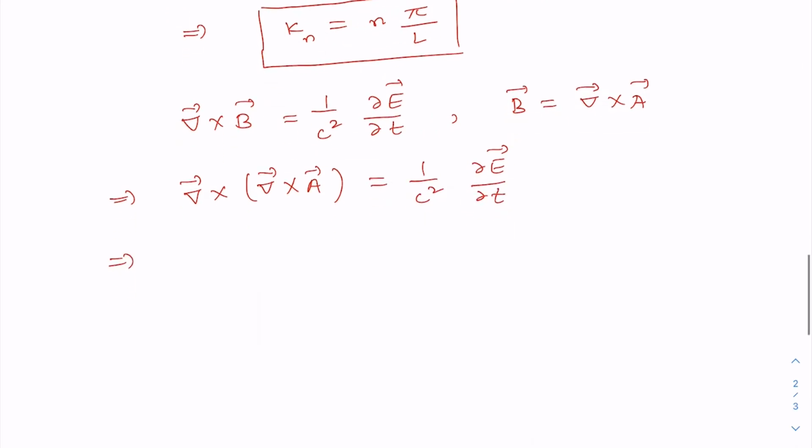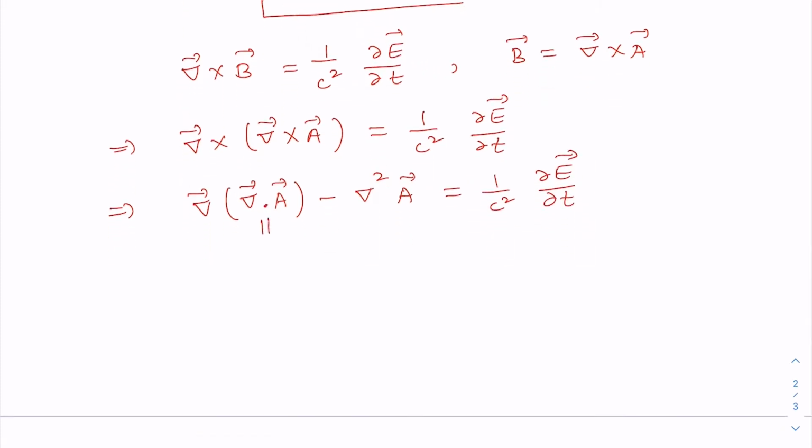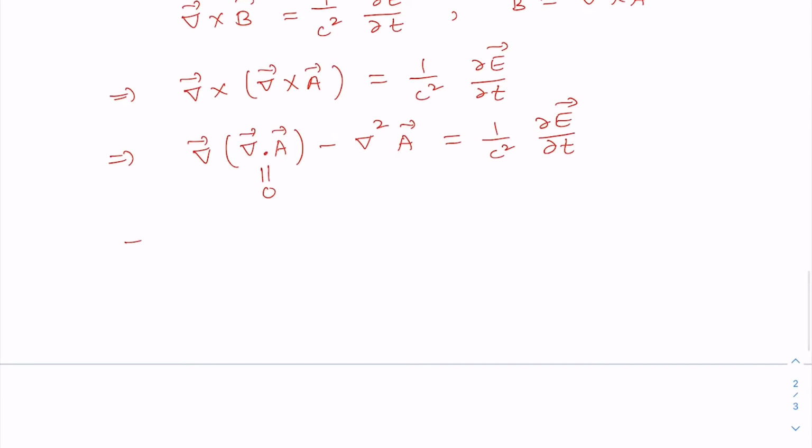If I open it up, then I will get del of divergence of A minus del squared A is equal to 1 by c square del E del t. Now because we are using Coulomb's gauge, this divergence of A is equal to 0, and therefore, because we are directed along z, only the z component will come into the picture here, del squared A del z squared, and here I have 1 by c square del E del t.